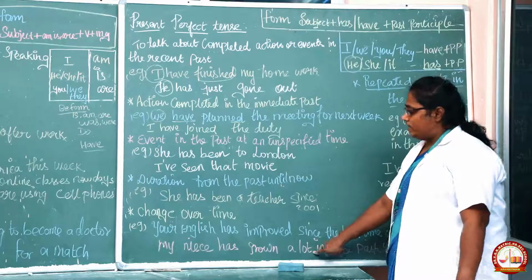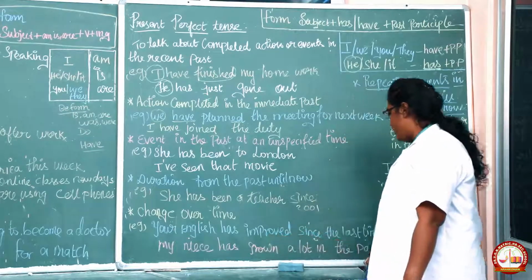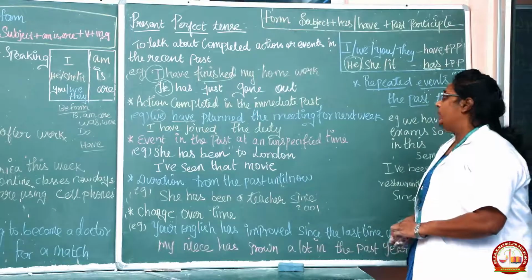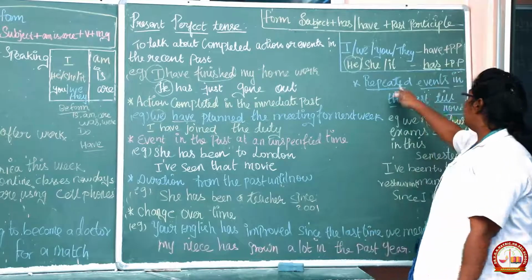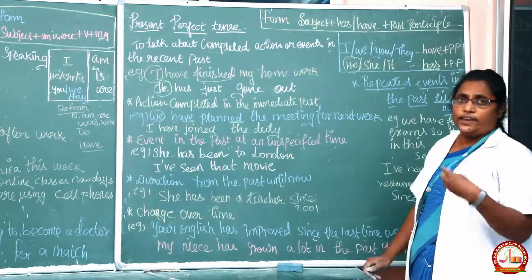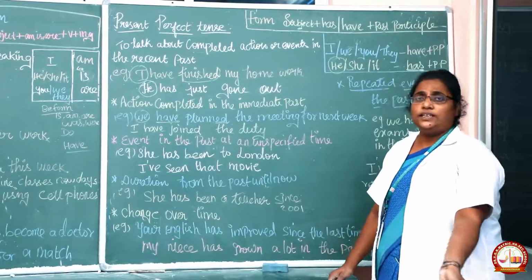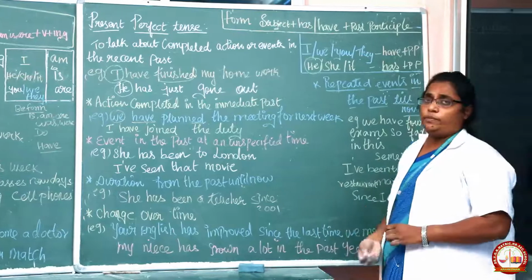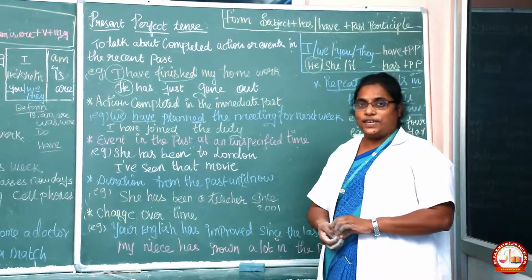The next one is "My niece has grown a lot in the past year." Another one is repeated events in the past till now. Again and again, a repeated action is happening, till now it is happening. So during that time you will be using present perfect tense.